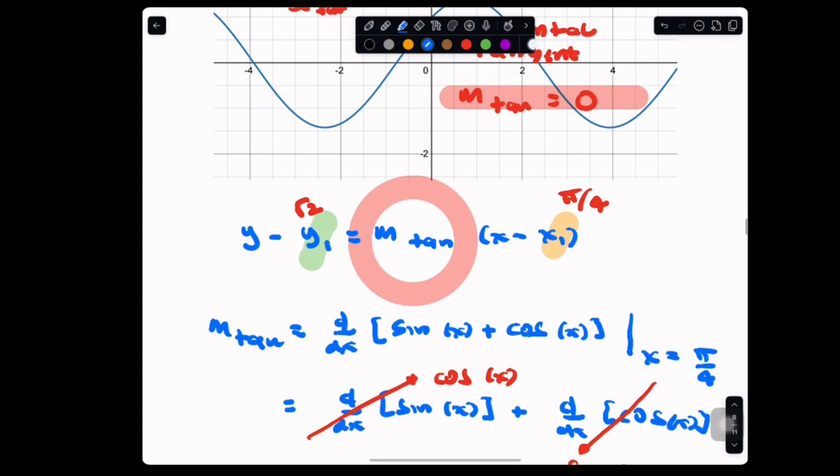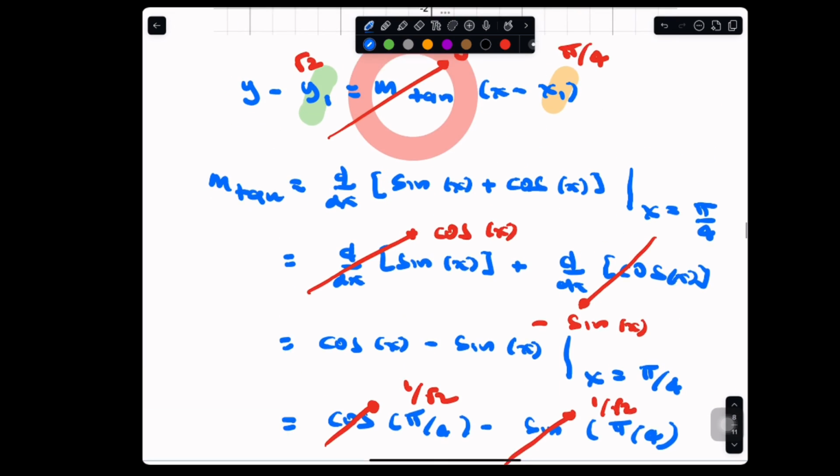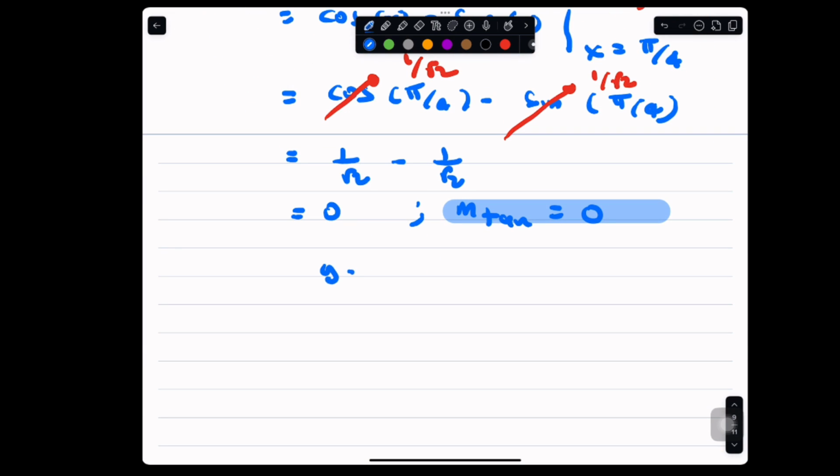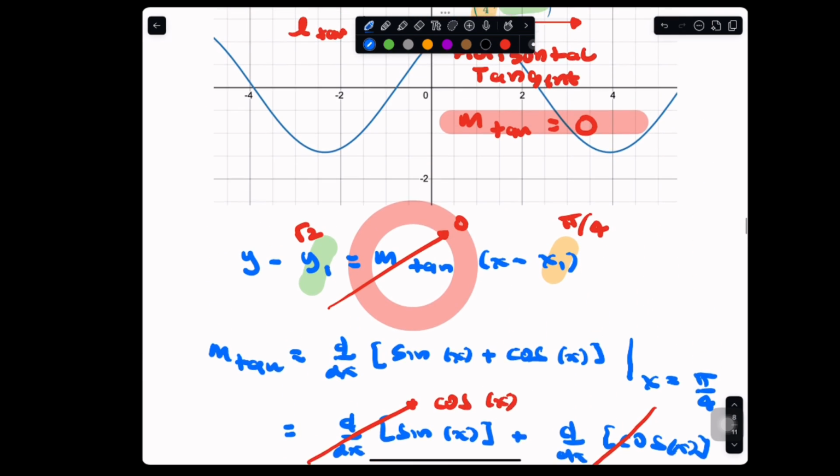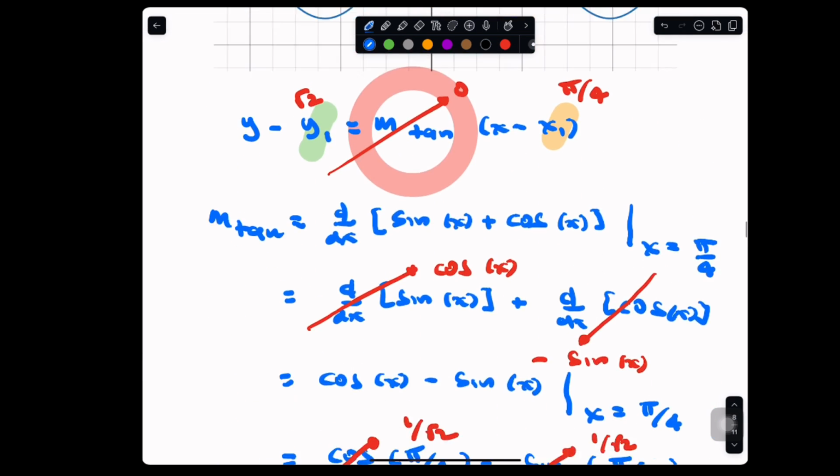So what's the equation then? If you said, well, this is 0, then that means you simply have what? y minus the square root of 2 equals 0 times x minus pi over 4. Is that right? Was that what it was? Oh, y minus the square root of 2.